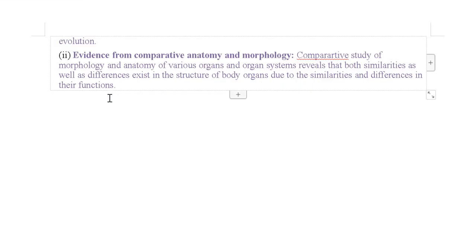Another evolutionary evidence is evidence from comparative anatomy and morphology. So comparative study of morphology and anatomy of various organs and organ systems reveals that both similarities as well as differences exist in the structure of body organs due to the similarities and differences in their functions.